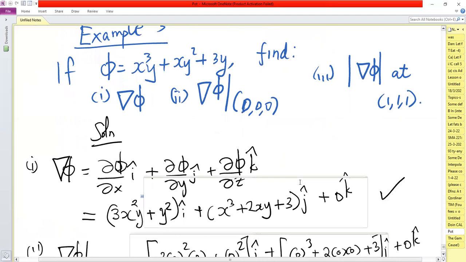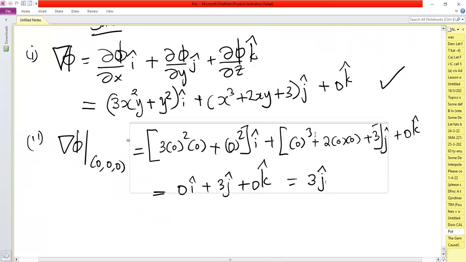Now the next part is to find the modulus, or magnitude, of the gradient of phi at 1, 1, 1. The first thing is to find the value of the gradient at 1, 1, 1.